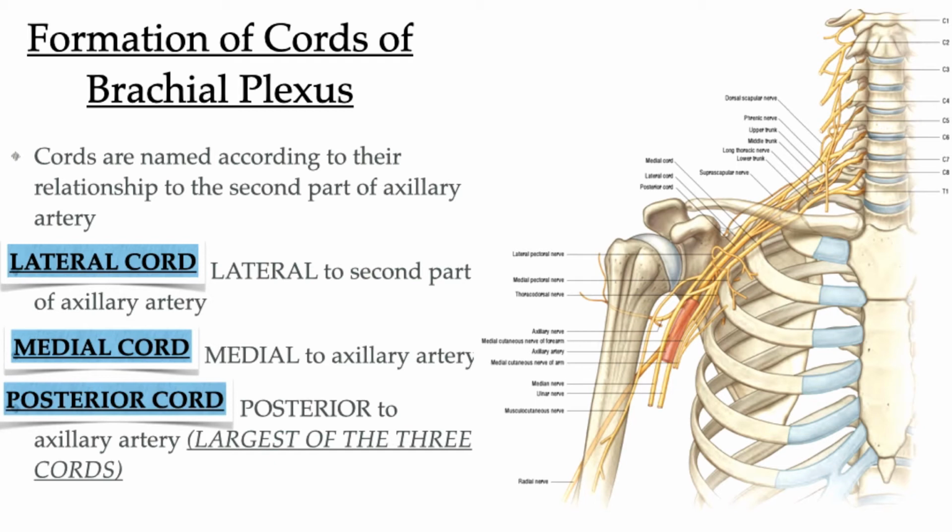The medial chord is in medial relation with the second part of the axillary artery, and the posterior chord comes in posterior relation to it. Out of all the three chords of the brachial plexus, it is the posterior chord which is the largest.